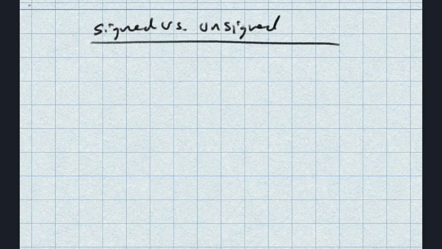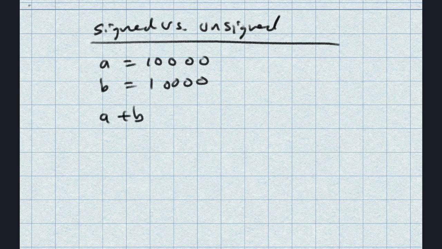Signed versus unsigned, right? So if I have A, which is 1, 0, 0, 0, 0, and B, which is 1, 0, 0, 0, and I want to calculate A plus B, it really matters whether or not the data are signed or unsigned.